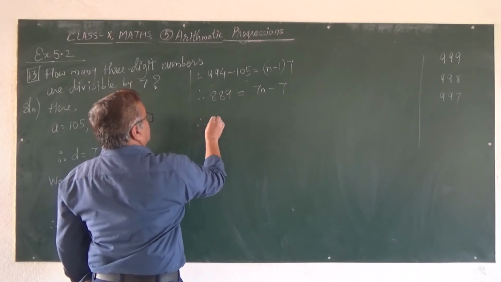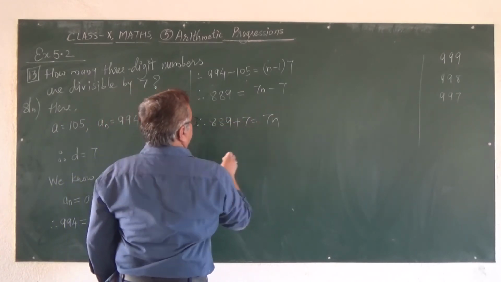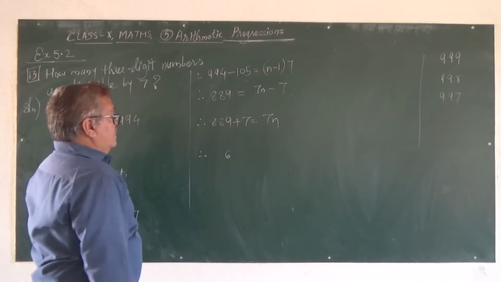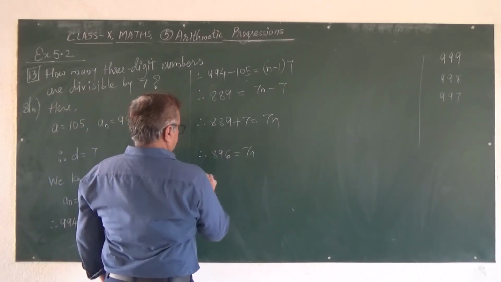So 889 plus 7 is equal to 7n. 9 plus 7 is 16, carry 1, 8 plus 1 is 9, so 896 is equal to 7n.